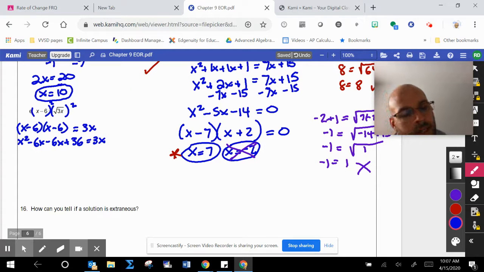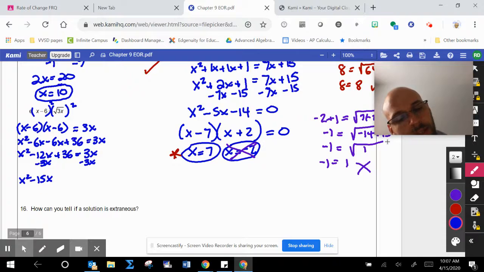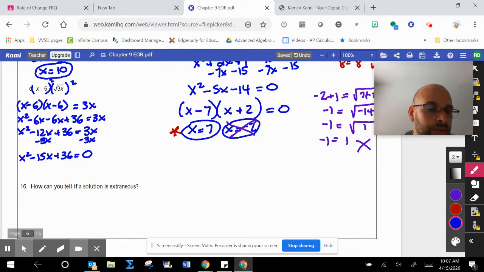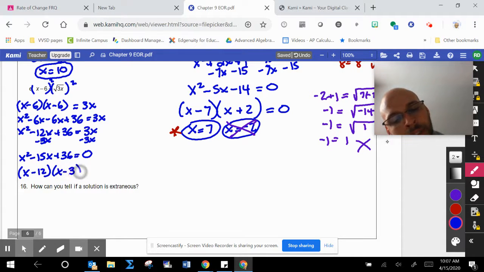That's going to equal a 3x. Let's combine like terms. Now, if I subtract 3x over, I have x squared minus 15x plus 36 equals 0. So let's try to factor that. I think that's going to become an x minus 12, x minus 3.